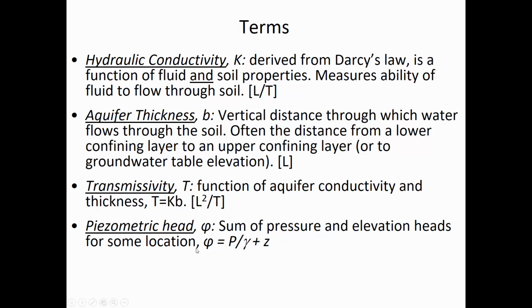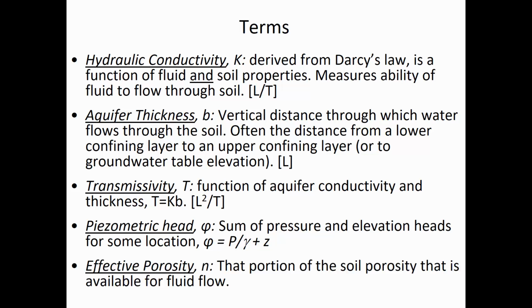So that is where the water is going to rise to a certain level if you penetrate down through a confined aquifer. That's the piezometric head, the first illustration we were looking at, where if it's an artesian well, then the piezometric head is higher than the ground elevation. And then the effective porosity is the fraction of the soil porosity that water can actually flow through because the voids are interconnected.